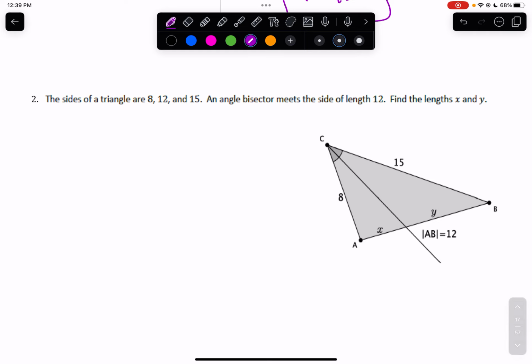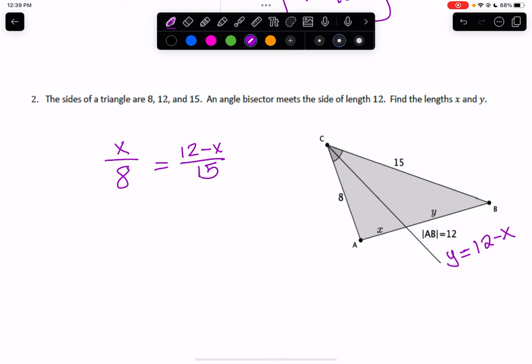So we have another question that has x and y. So again, we want to rewrite y in terms of x. So y is equal to 12 minus x, again, because x plus y is equal to 12. So we want to find the lengths of x and y. So again, split over original. Now we cross multiply. 8 times 12 is 96, minus 8x. Add 8x to both sides.